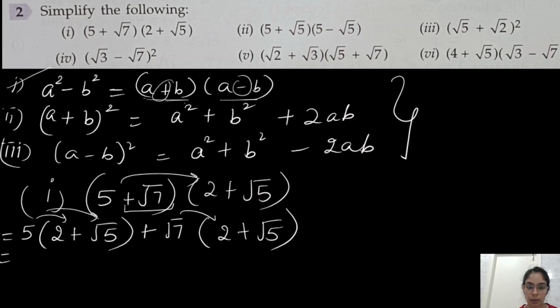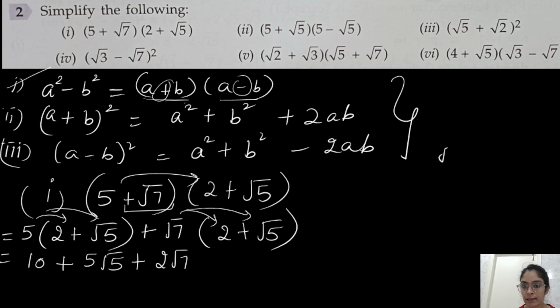So this we can multiply now. 5 into 2, 10, plus 5 into root 5. So 5 into root 5 means 5 root 5. Don't write it as square root of 25. Then this is square root of 7 into 2, so this will become 2 root 7.